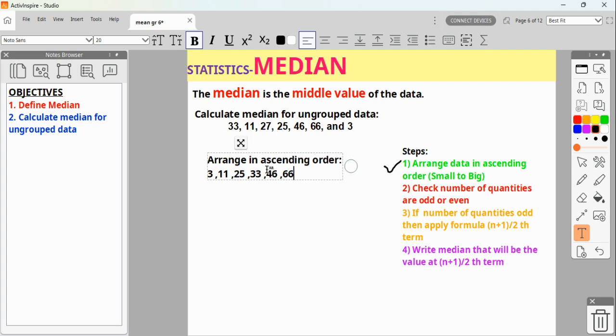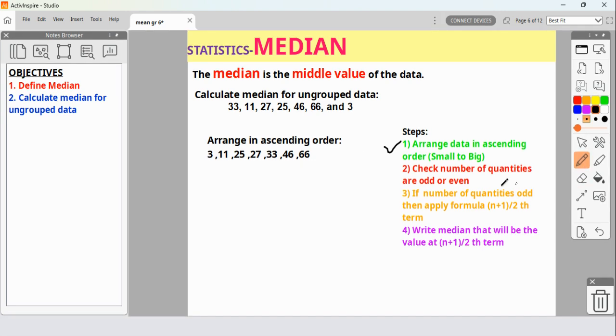And what is left now? We can check 3, 11, 25, 27. Oh, 27 is left here. 27, then 33. Now all the data is done. We have done step number 1, arrange data in ascending order.